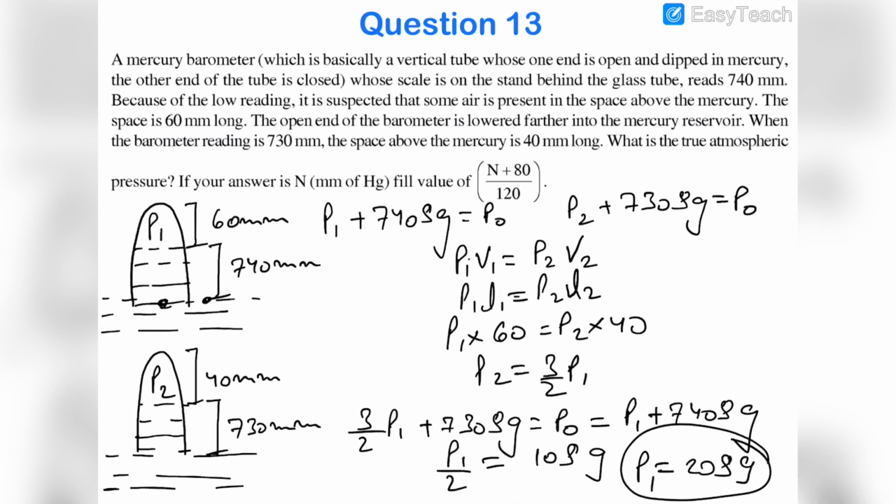Now we can substitute the value of P1 in the first equation. So we can see that 20 rho g plus 740 rho g is equal to P naught. So the pressure of air is 760 mm of Hg.